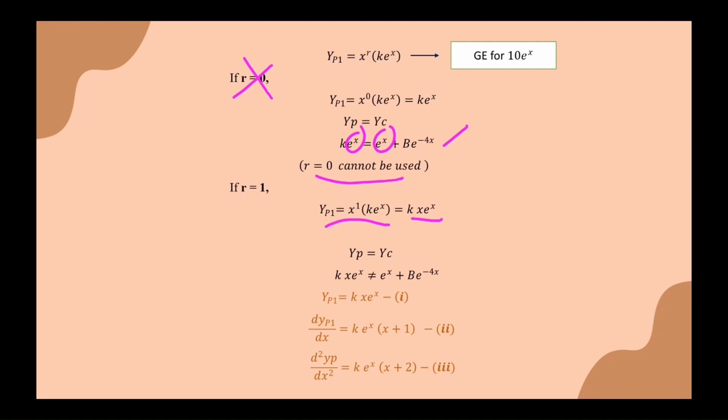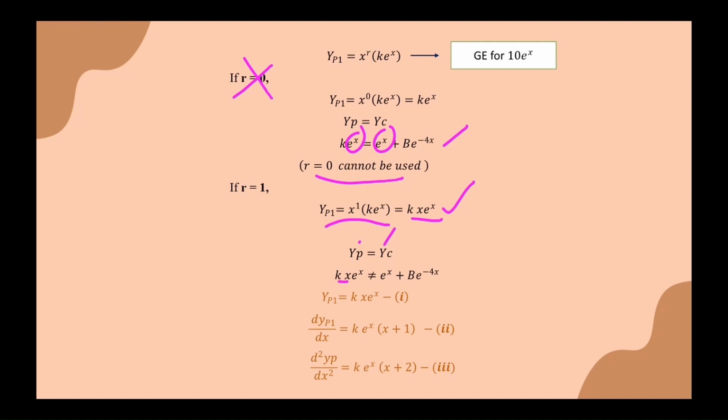Let's do it again, arranging the equation when yp is equal to yc. As we know, the yp that we determined just now, k x e^x, equals e^x plus b e^(-4x).